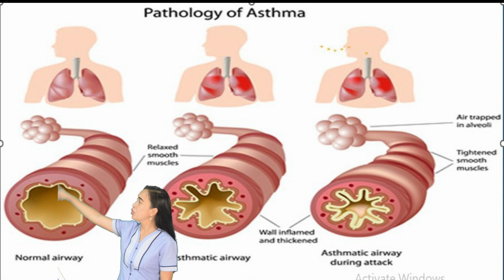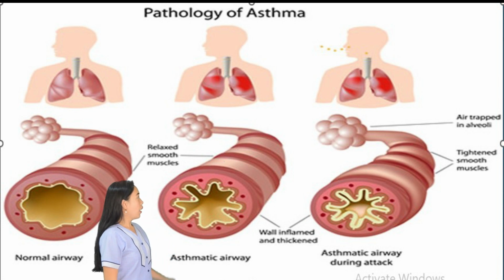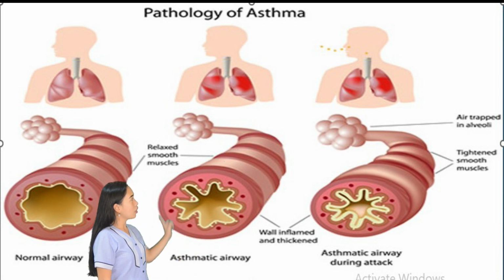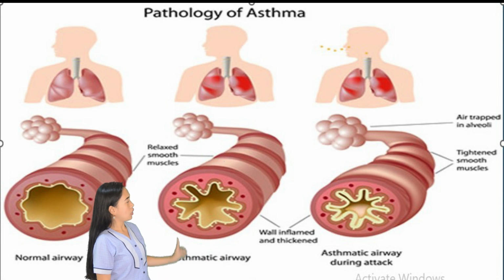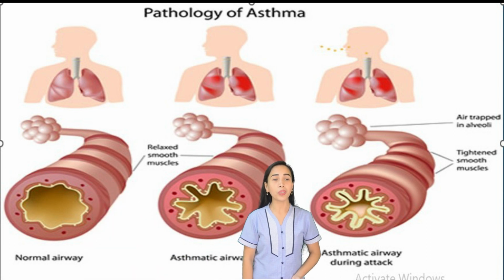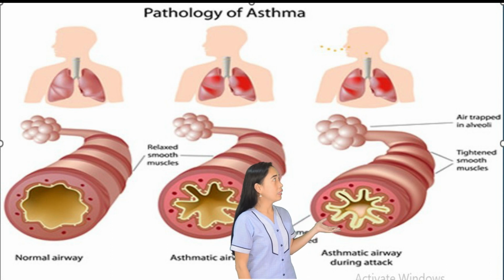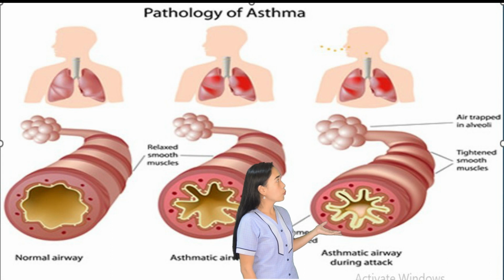This is the normal person's airways. And this is the asthmatic airways. And when the allergen comes in contact with the inflamed airways, they tighten and become narrow, making it hard for a person to breathe.